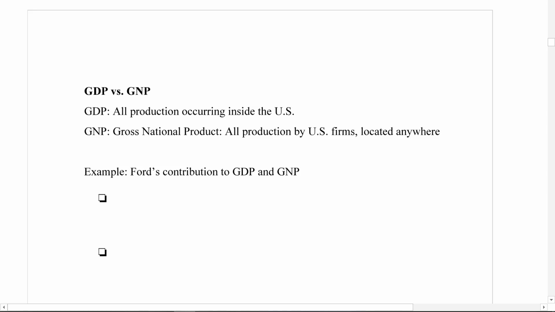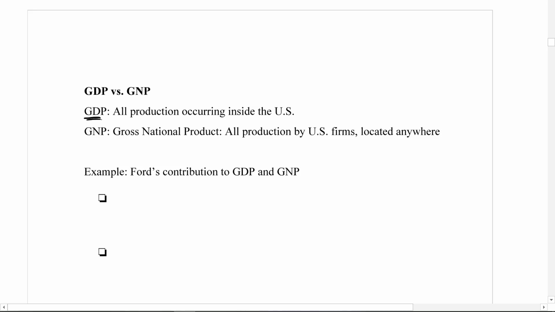GDP, the one we use most commonly, gross domestic product, is all production happening within the borders of the country. So in our case, if we're talking about American GDP, happening within the United States. Regardless of whether or not it's a foreign firm or it's held by a foreign company, if the production happens in the country, it's included in gross domestic product.